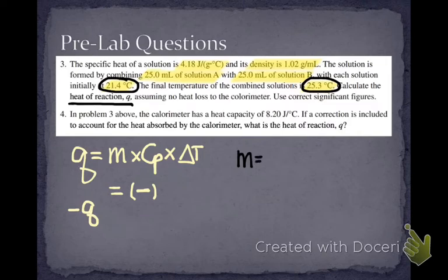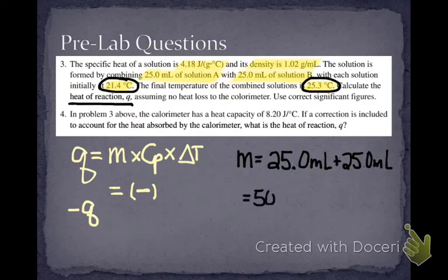To calculate the mass, you have 25 mL plus 25 mL, and so that means you have a total of 50 mL. And you need to convert that using density to grams. And I'll let you work that out.